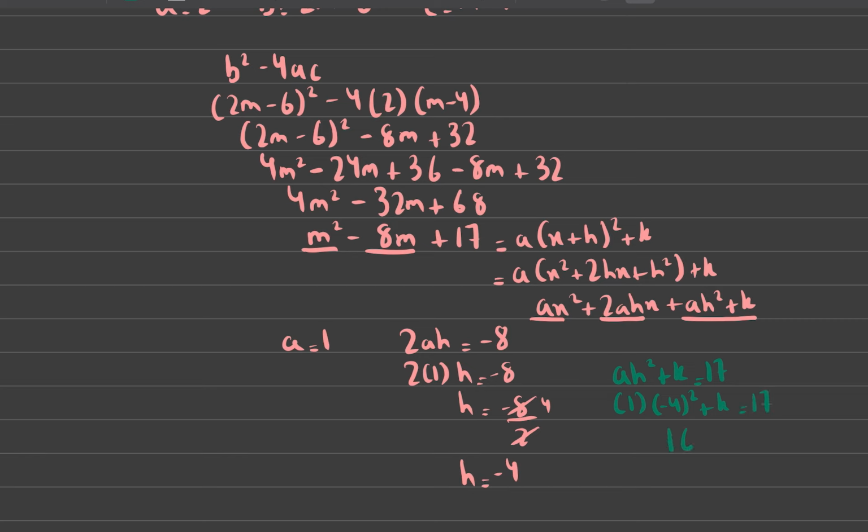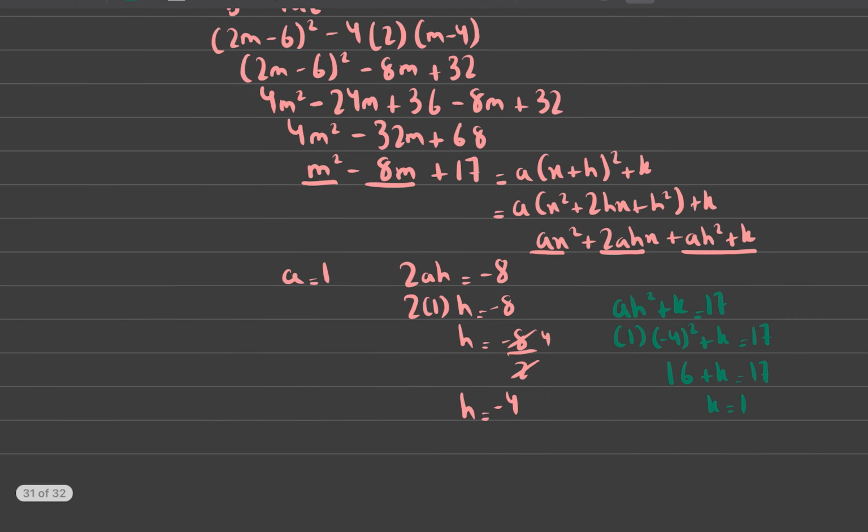So it's going to be 16 plus k is equal to 17. My k will be 1. Do you get this? Now I'm going to write like this. Instead of x, there was m. m minus 4 whole squared plus 1.